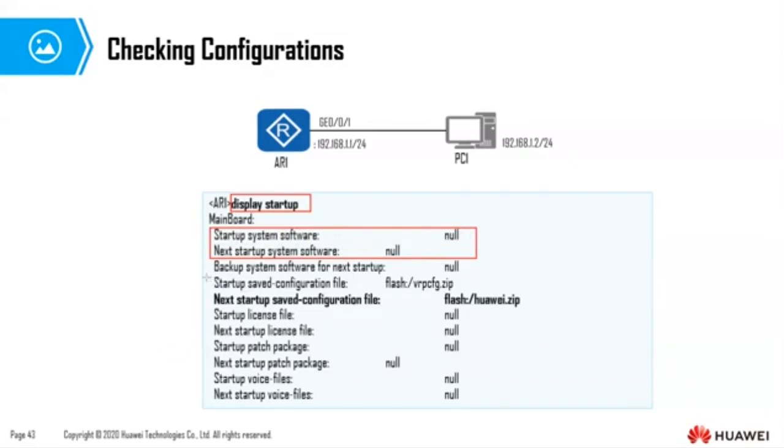You can also see the configuration file that is being run right now. So we can see that it is vrp.cfg. This is the one that is running the device right now. But we can see that on the next startup, it is going to run this file that we just created and configured to run in the next startup using that command.